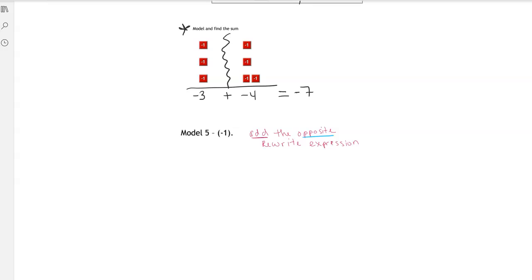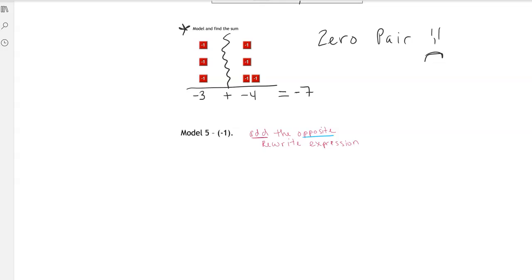What if we had all negatives? That's crazy. We can't do 0 pairs. So 0 pairs do not occur because there's no positives. So this is what you need to make sure you draw this in your example just like this. I have the starting value of -3 plus -4.